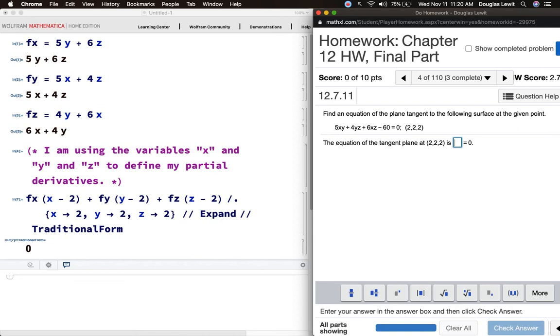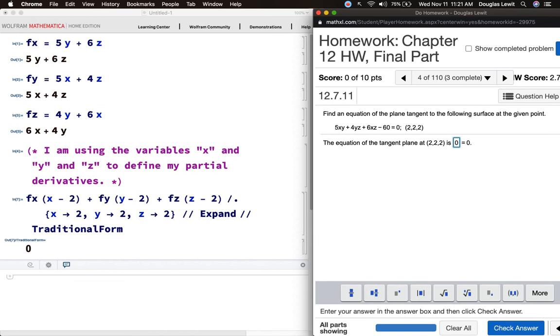We're looking for a more general function that describes the local behavior of the function near the point 2, 2, 2. So sure, you could say 0 is equal to 0.